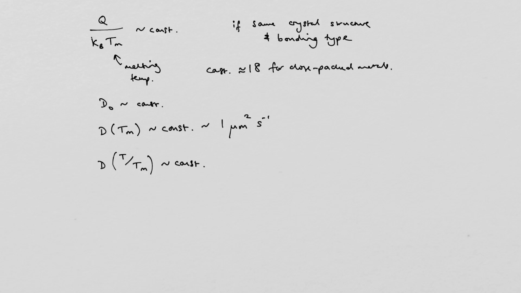Is that okay? Because D is D naught e to the minus Q over kBT, but we've said that that is D0 e to the minus a constant times Tm over T. Is that okay?